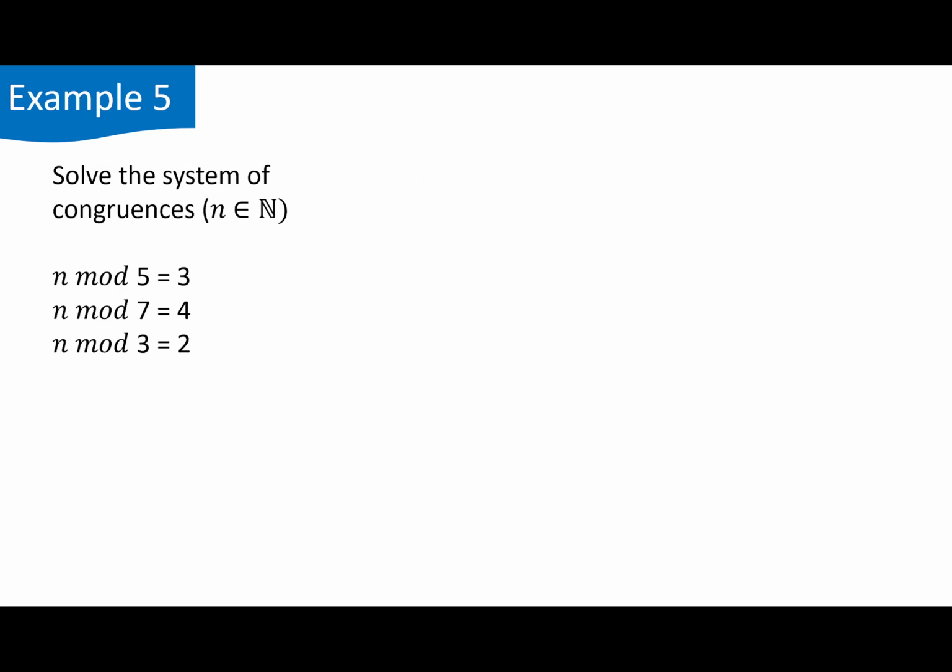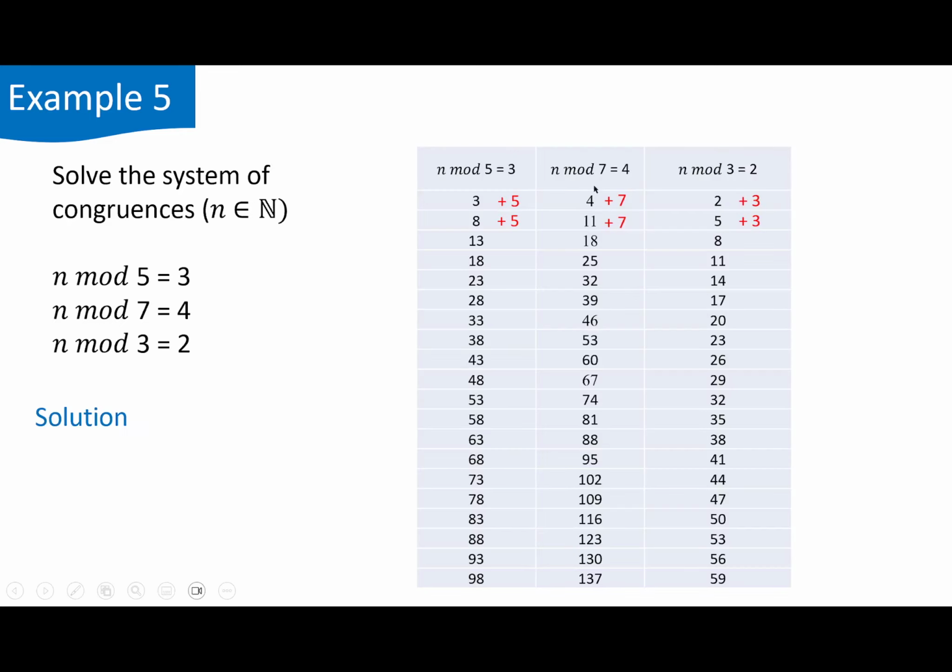Example 5. Solve the system of congruences. Now we have 3 of them. Let's use the same technique we did before. The first one, second one, and third one. Okay, so now let's look here and see which number is in the 3 columns. 53, 53, 53. See? Okay.